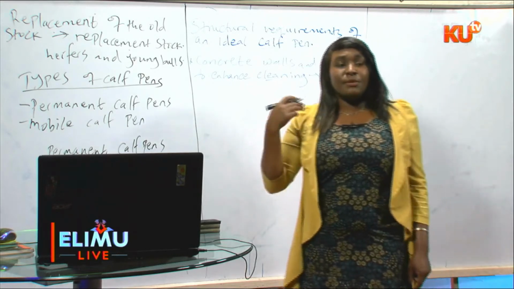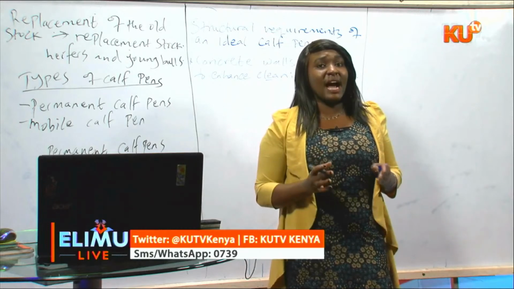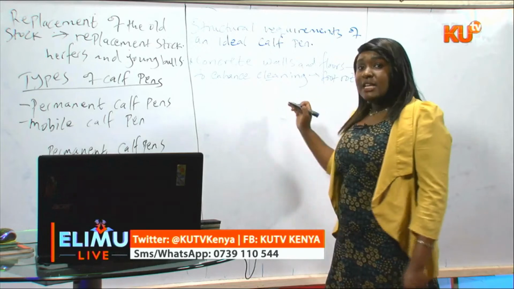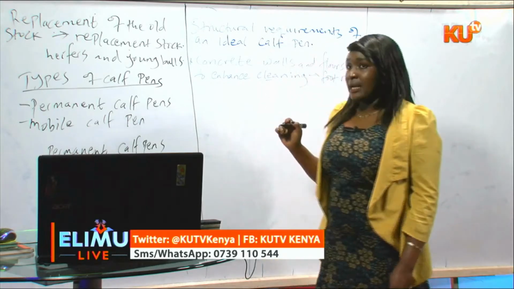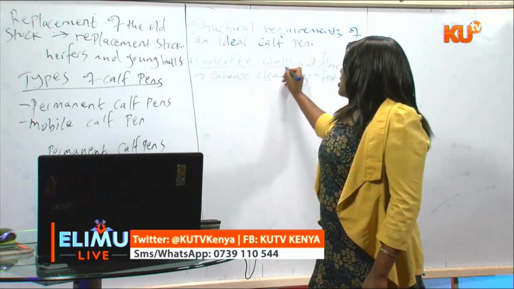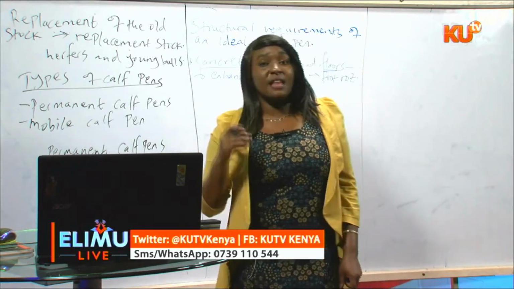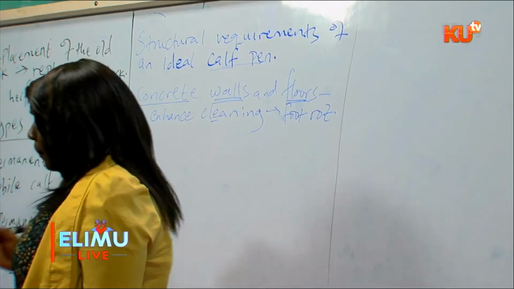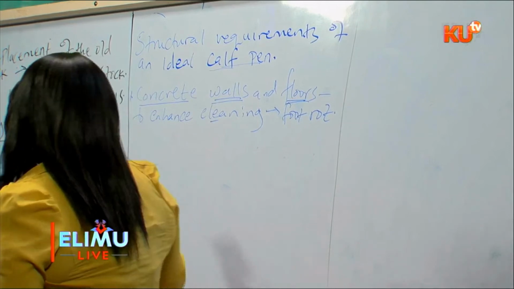Foot rot can be brought about by areas that are not clean. When there is accumulated dung and urine in the calf pen, that can lead to foot rot, according to the Form 3 syllabus that we did. Now, that is the first thing. Concrete walls. Ensure, if you can, the walls are concrete and the floors are concrete. So, that is the first requirement.